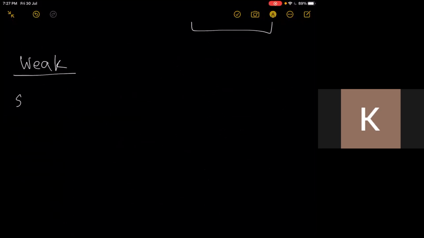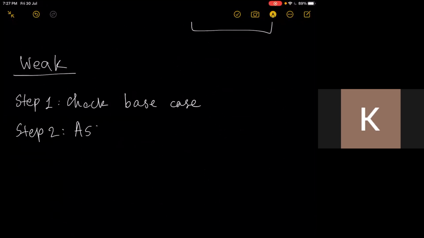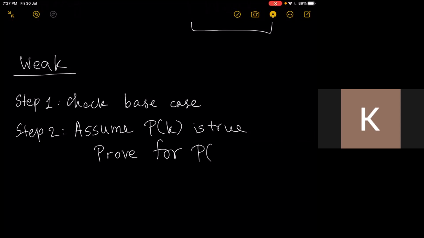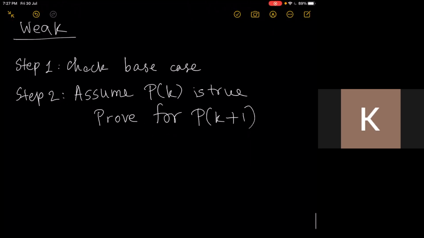In weak induction, step one is check the base case. Step two, assume Pk is true. Prove for Pk plus 1. So this is what we just did.